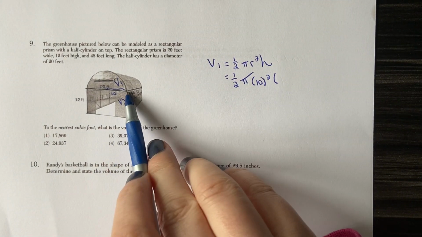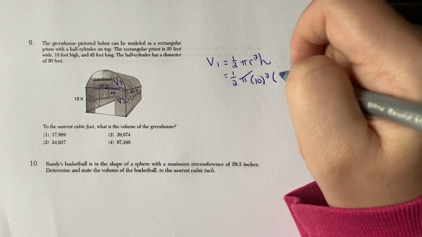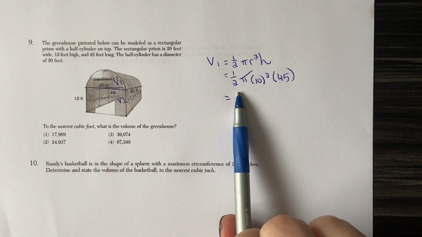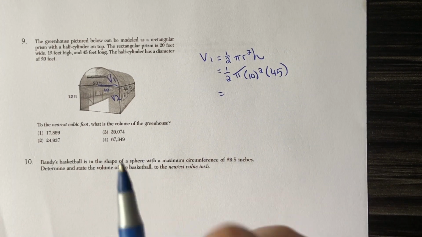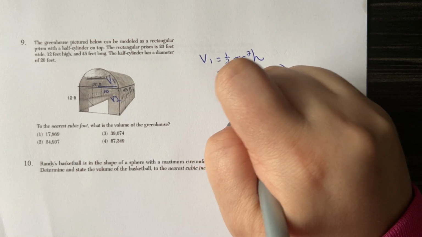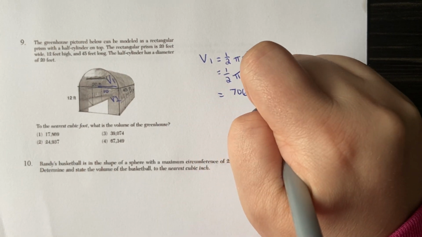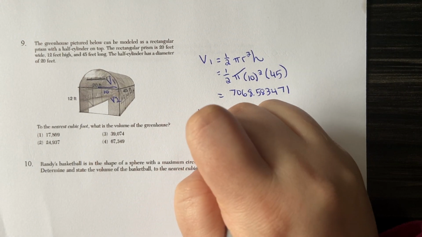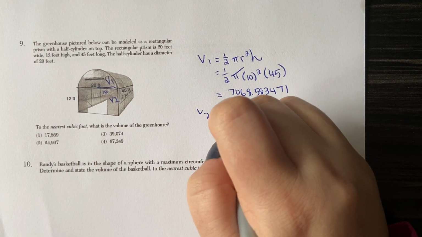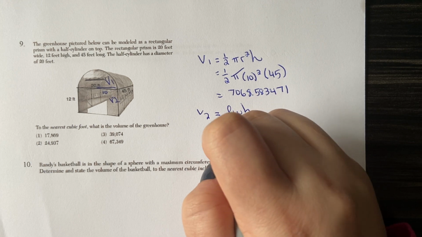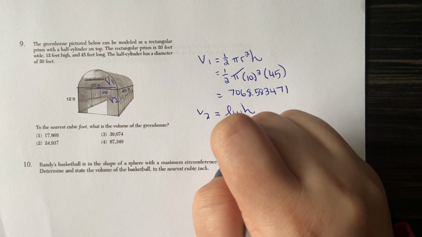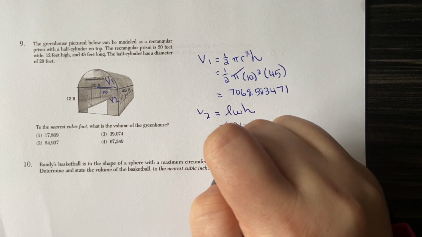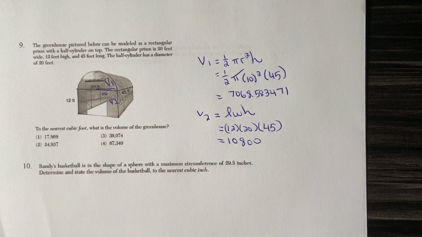The height of it is the height from base to base, or 45. So when you do 1/2 times pi times 10 squared times 45, you get 7,068.583471. Then you do the same thing for the rectangular prism, which is length times width times height, or 12 times 20 times 45, or 10,800.